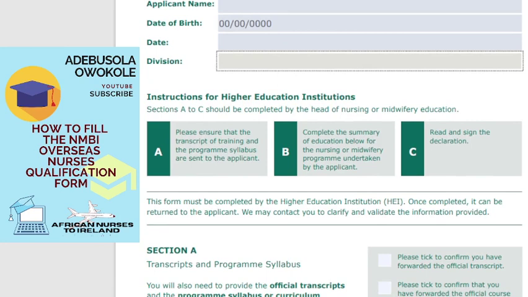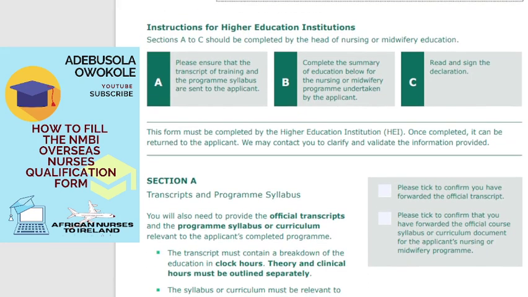Regarding this form, your HOD can fill the form for you in your school. The principal of the school can fill the form for you, and any official person that is designated can also fill it for you. Just remember that the same person needs to fill the qualification form and the transcript of training form and sign for you, or the syllabus if they have one, and sign for you as well.